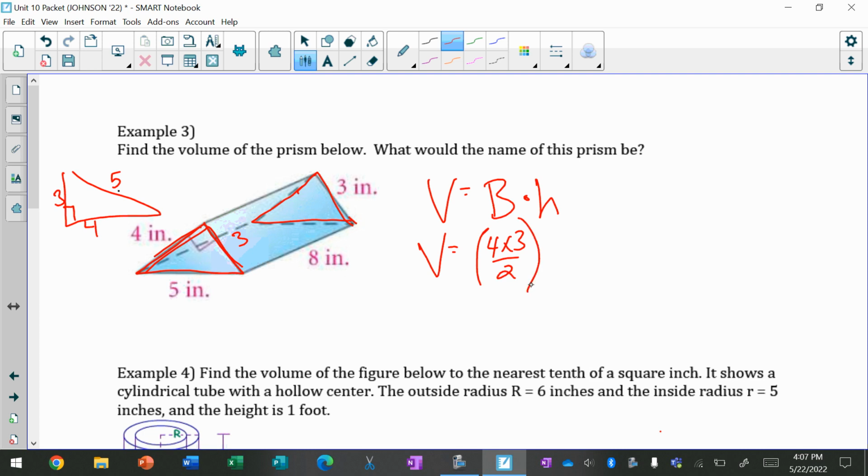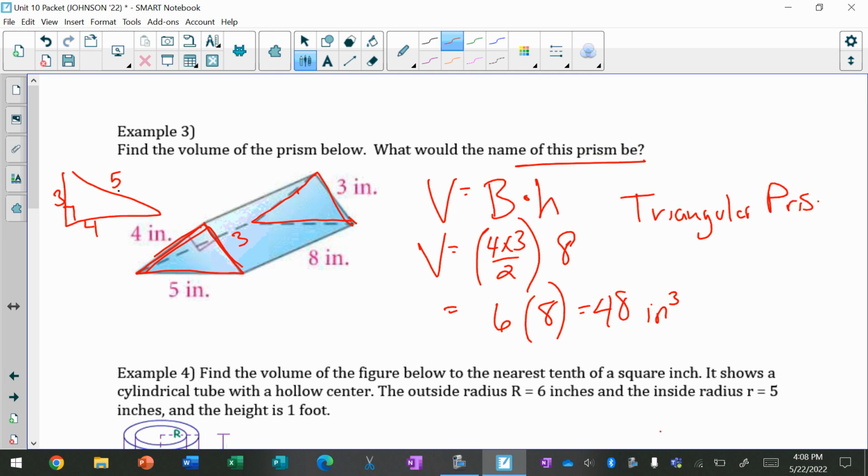The height, which is the distance between the triangles, is 8. So the area of the triangular base is 12 divided by 2 is 6. Multiplied by the distance between the triangles, which is 8. So that's 48 inches cubed is the volume of this triangular prism.